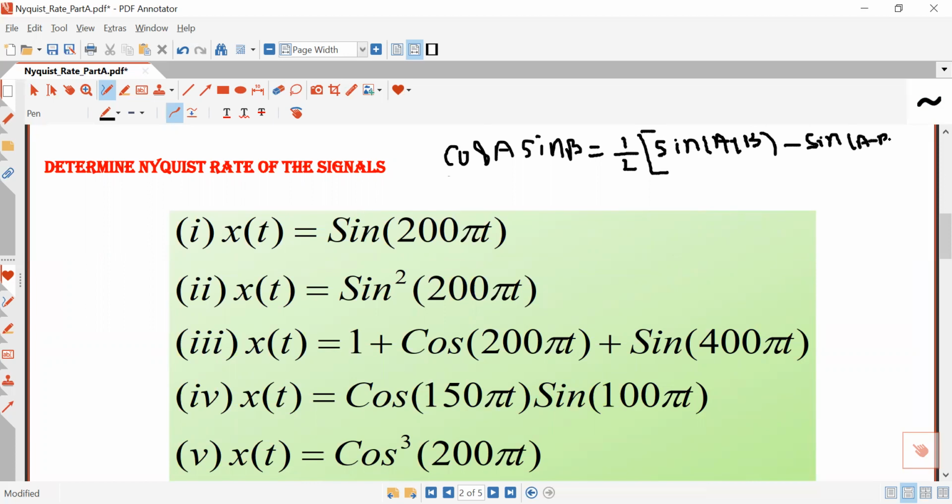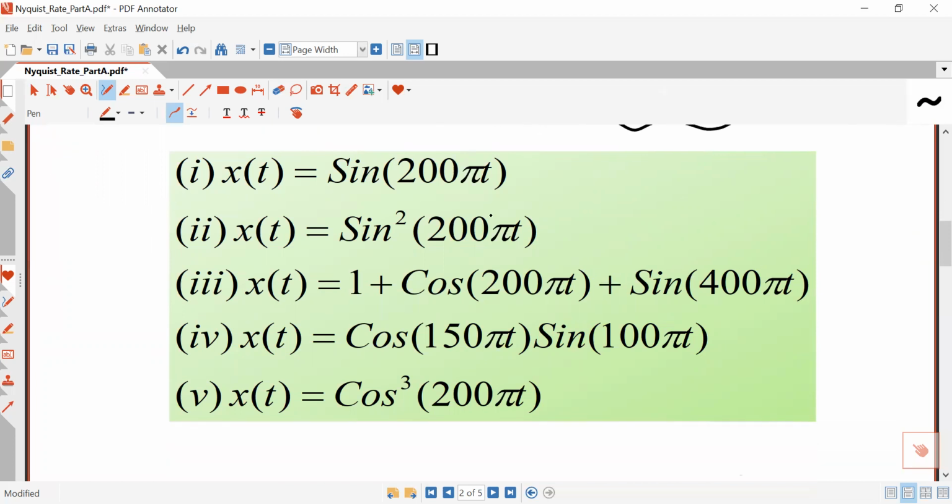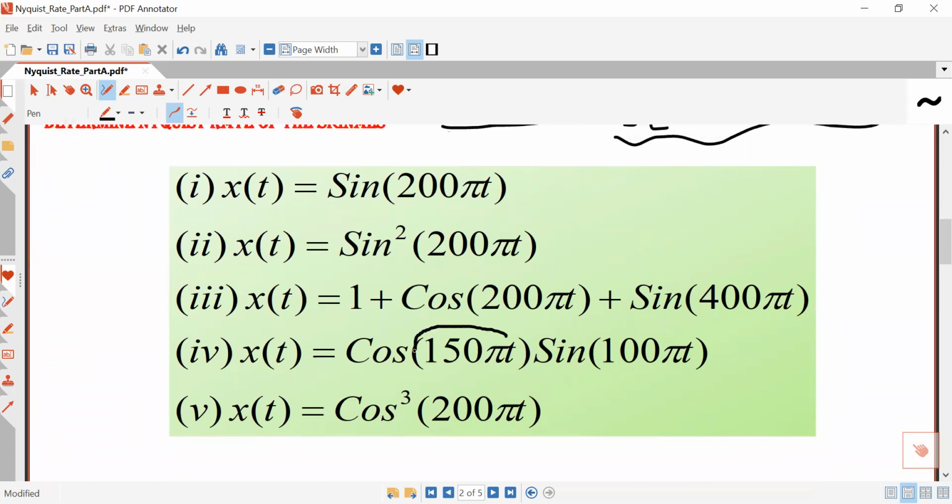When you solve the right hand side expression, obviously you will get this expression, because sin(A plus B) is sin A cos B plus cos A sin B, and sin(A minus B) is sin A cos B minus cos A sin B. When you solve the expression on the right hand side, obviously you will get cos A sin B. In this example, A is 150 pi t and B is 100 pi t.